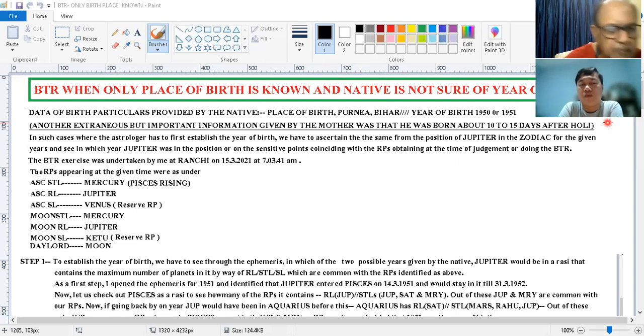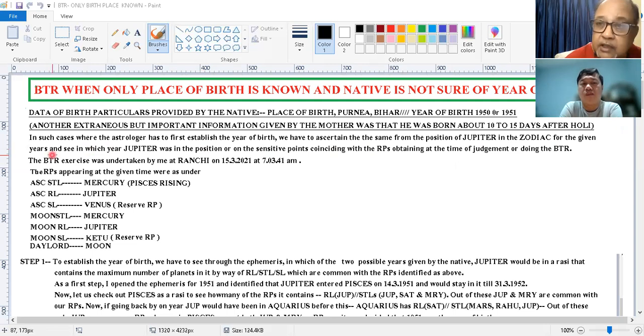Now in such cases where the astrologer has to first establish the year of birth, we have to ascertain it from the position of Jupiter in the zodiac for the given years.